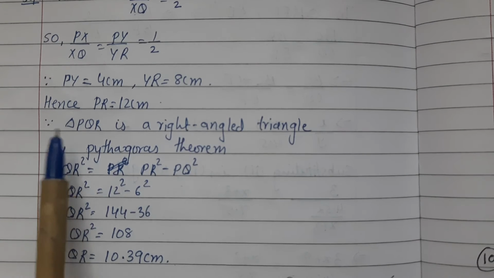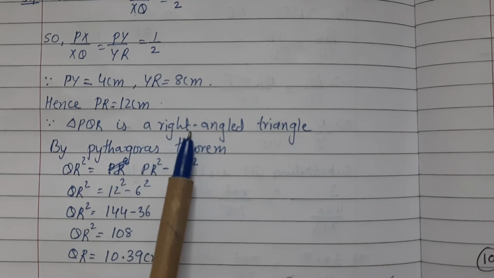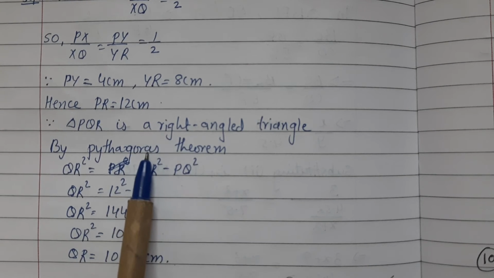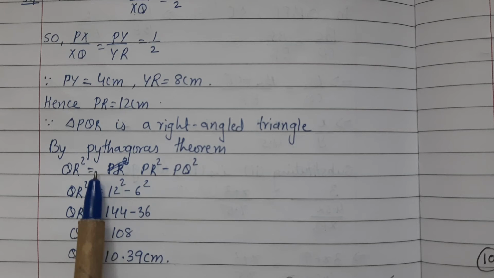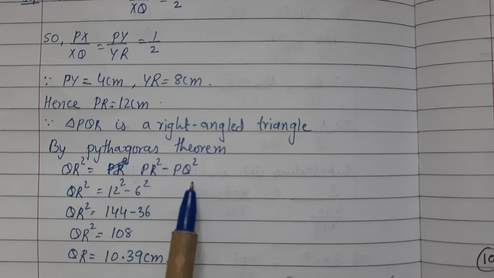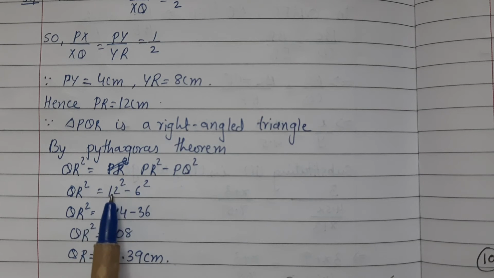Since triangle PQR is a right angle triangle, by Pythagoras theorem, QR square equal to PR square minus PQ square equal to 12 square minus 6 square equal to 144 minus 36. QR square equal to 108. QR equal to 10.39 centimeters.